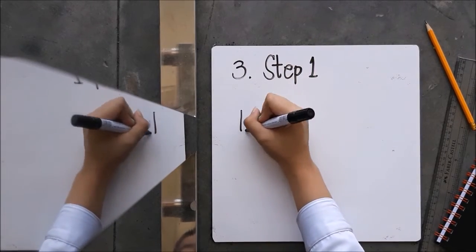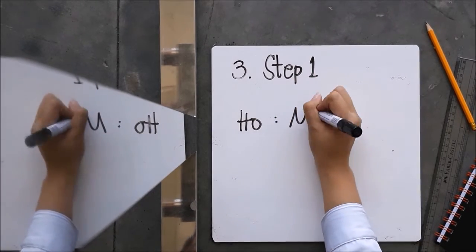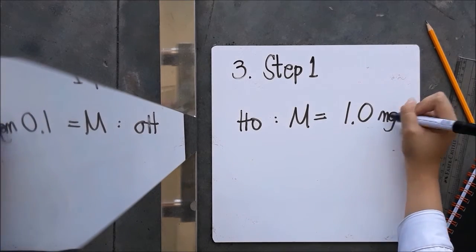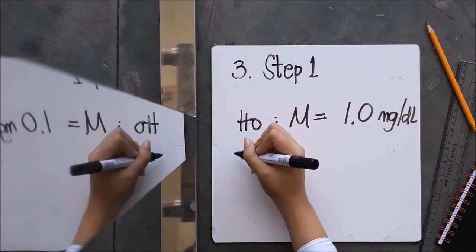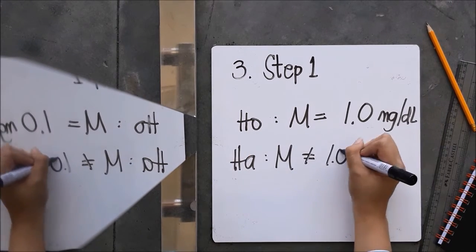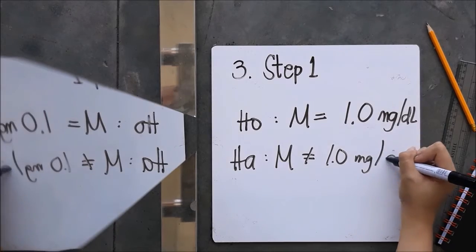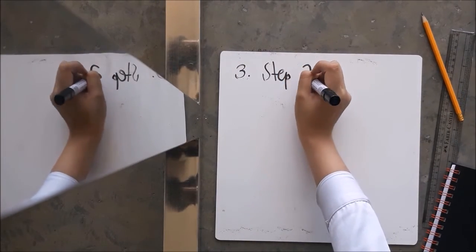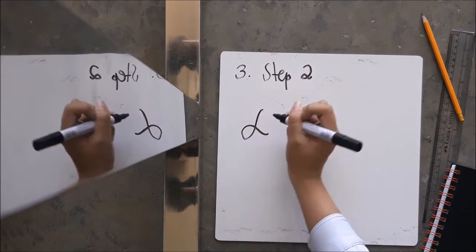Step 1 is to define the hypothesis. H0 is mean is equal to 1.0 milligrams per deciliter. And HA is mean is not equal to 1.0 milligrams per deciliter. Step 2 is to state the alpha.